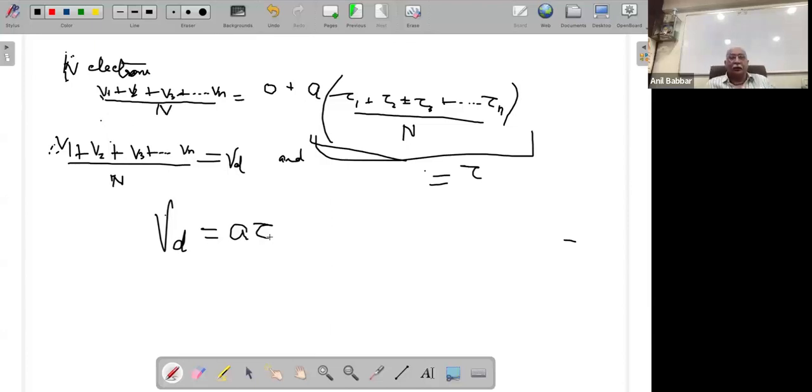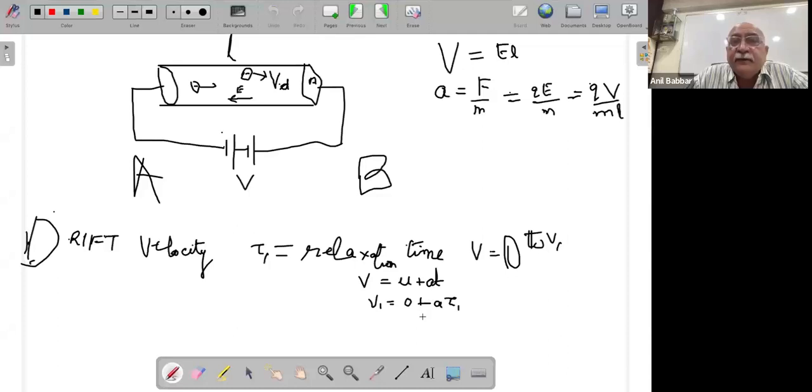Now, on the previous page we found the value of A is QVm by L, or we can write QE by m.